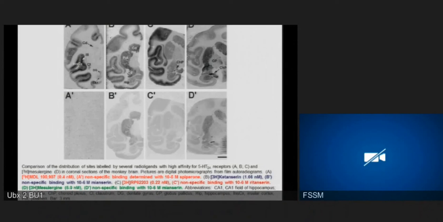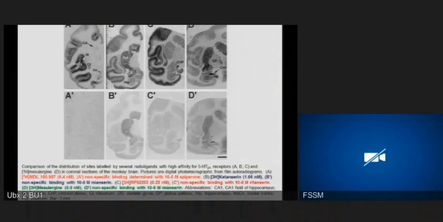And C, I don't know why it is so fuzzy. It is a little bit fuzzy, and it labels something else also. At the end, this is a uniform non-selective binding.